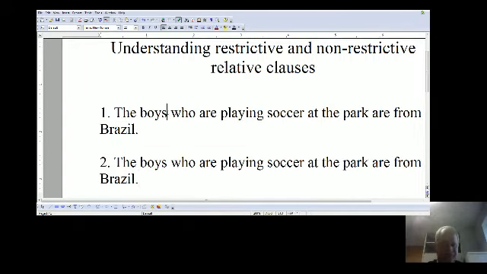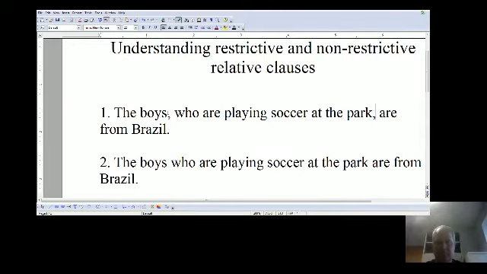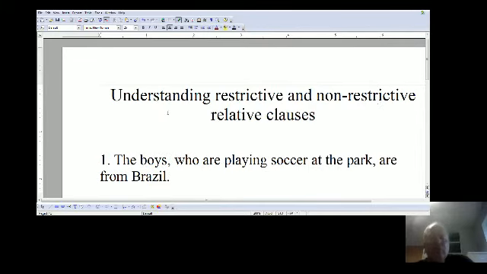Basically, with restrictive and non-restrictive clauses, we have to understand either we do not use or we use commas to set these elements apart from the rest of the sentence, right? That's kind of what you want to think about here.